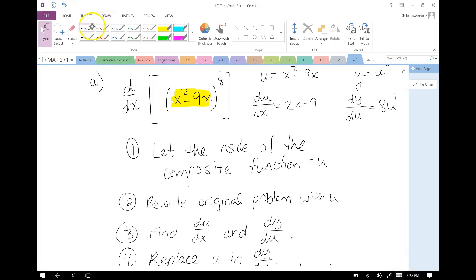So this one's fine, it has x's. But this one I need to rewrite. So wherever I had a u, I want to go back and replace what we said u was. So really, dy du is going to be 8 times x squared minus 9x to the 7th.